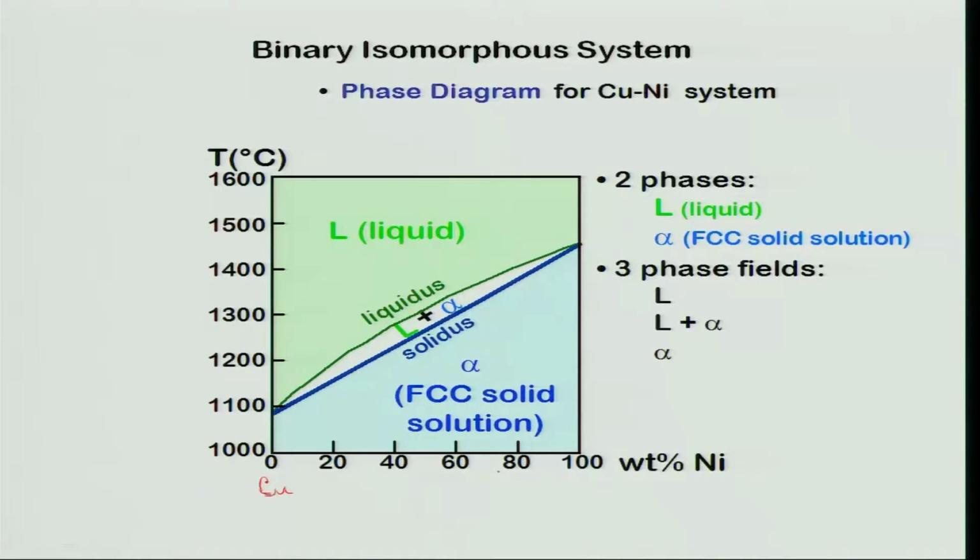You see here the composition is the weight percent of nickel, 0 to 100%. Similarly for copper also. Copper melts at 1084 degrees Celsius, nickel melts at 1453 degrees Celsius. So that is how the phase diagram will look.